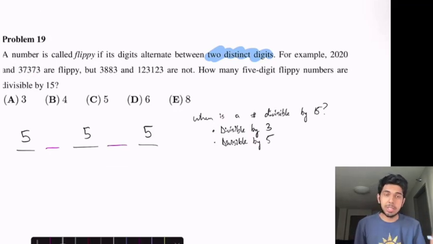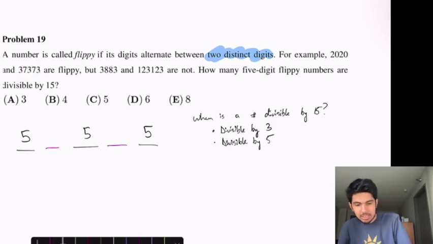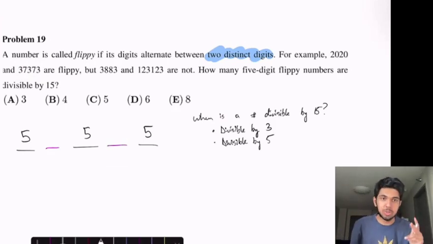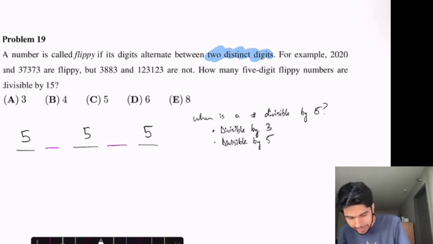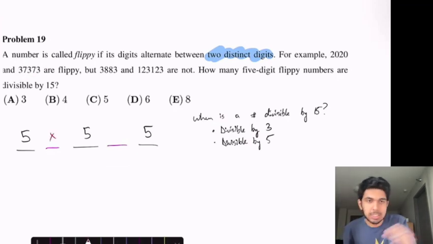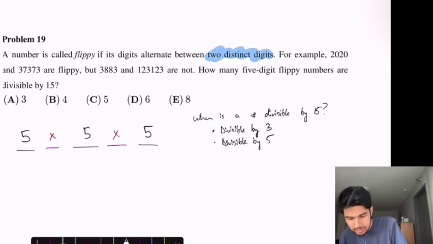So a number is divisible by 3 when the sum of its digits is divisible by 3. So for example, 27 is divisible by 3 because 2 plus 7 is 9, and 9 is divisible by 3. So in this case, we have 3 of our digits. We're missing 2 of them. Let's just plop an x in those spots for now, where x will be some digit that we're looking for. The sum of these digits is 5 plus x plus 5 plus x plus 5.